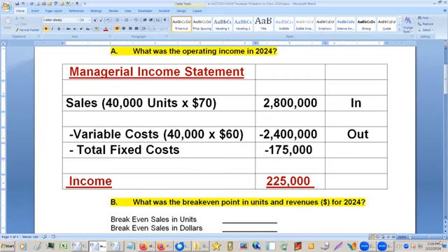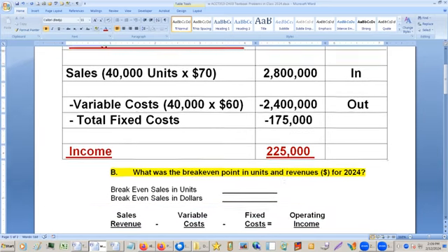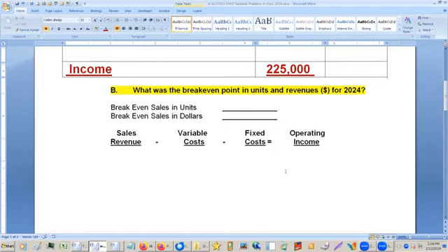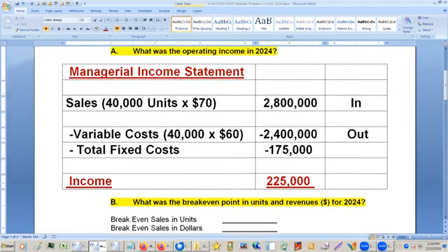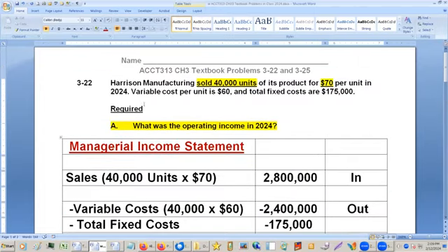Okay. Well, now we're going to take that same information and find the break even. I'm going to copy it down here.